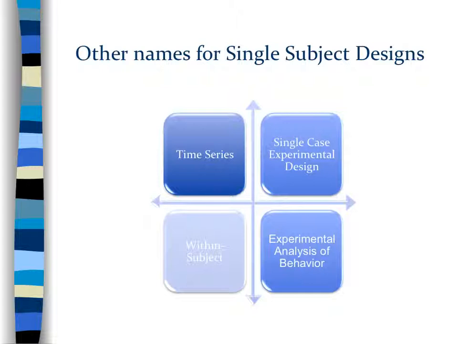Each participant serves as his or her own control, similar to a time series design. So it can also be known as a time series design, a single case experimental design, a within subjects design, or an experimental analysis of behavior design.